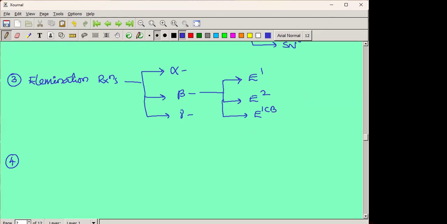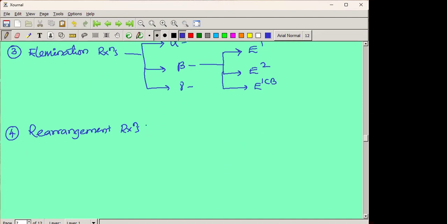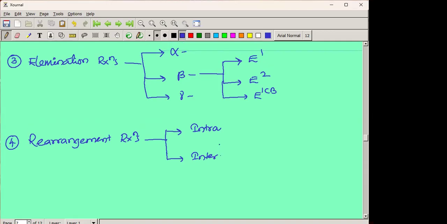The next one is rearrangement reactions. Different kinds of rearrangement reactions are there: intramolecular and intermolecular rearrangement reactions.